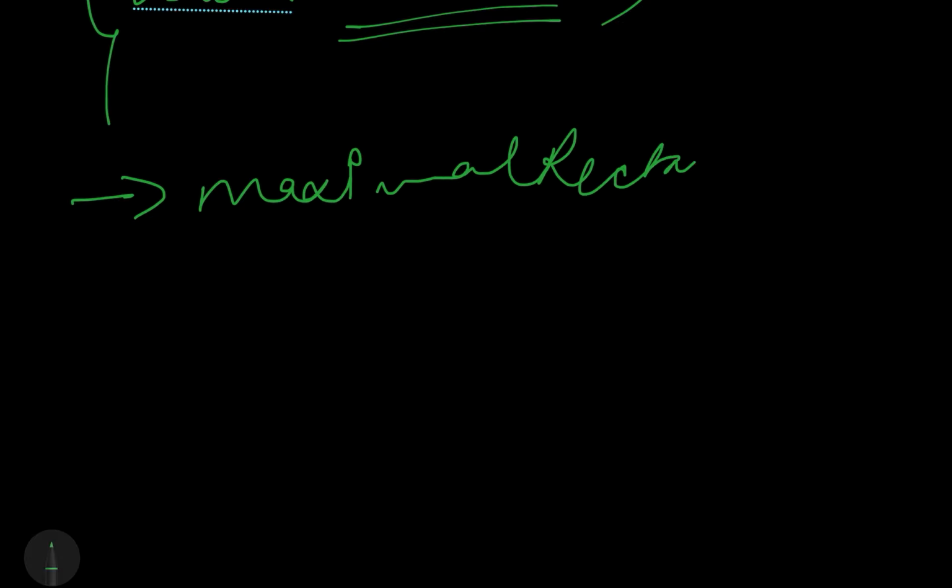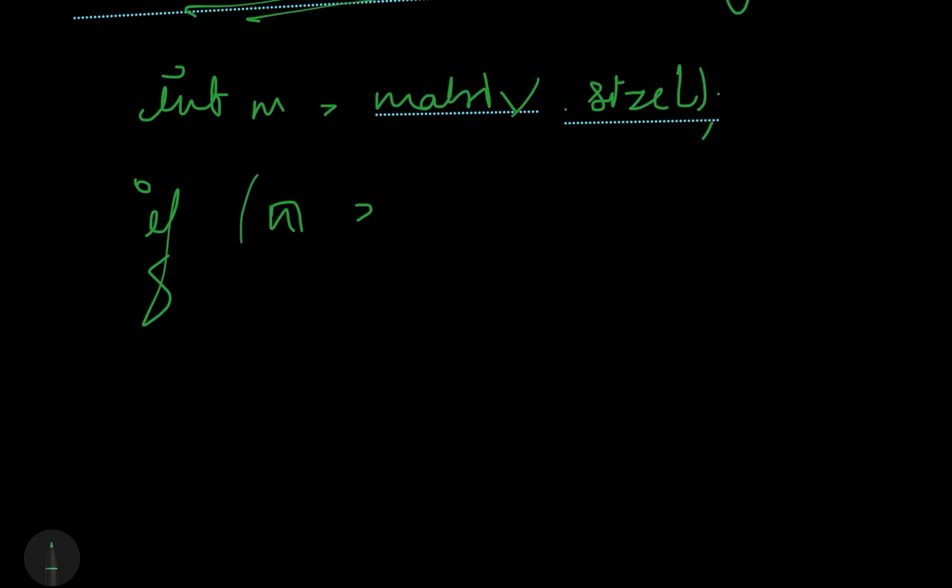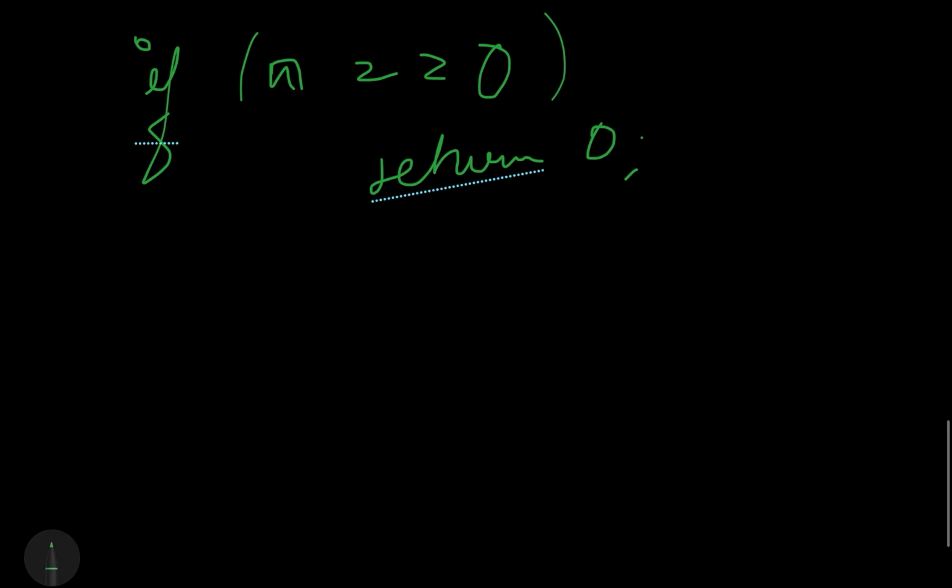Okay, now we'll see our main function, which is maximal rectangle. This function is simple only. Here we'll take a variable m in which we have the matrix dot size. Then if n is equal to 0, we'll simply return 0.